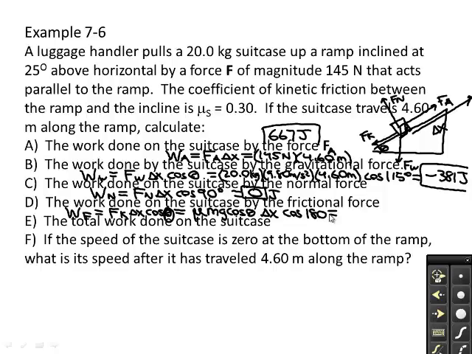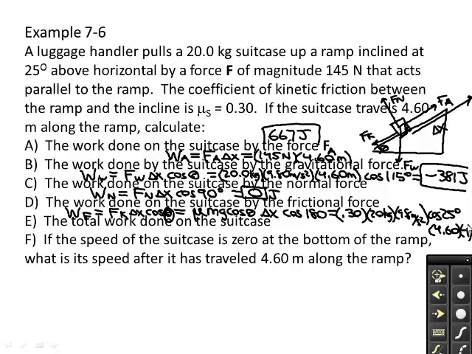So, mu, let's see, we have a mu of 0.3, a mass of 20 kilograms, times 9.8 meters per second squared, times the cosine of 25 degrees, times our delta x, which is 4.6, times negative 1, the cosine of 180 degrees.